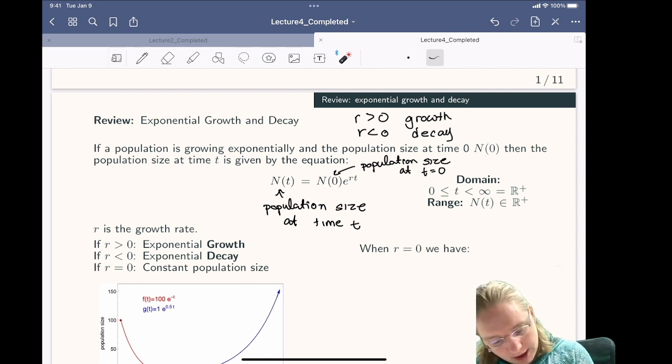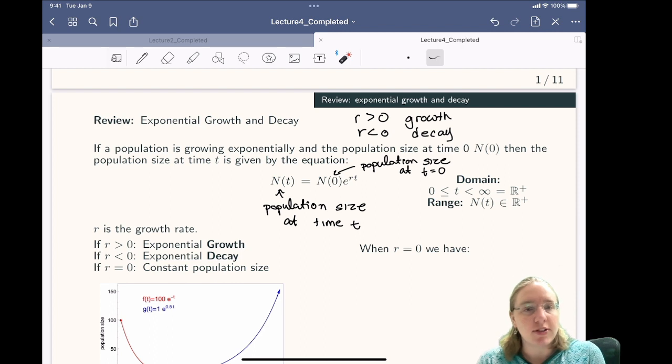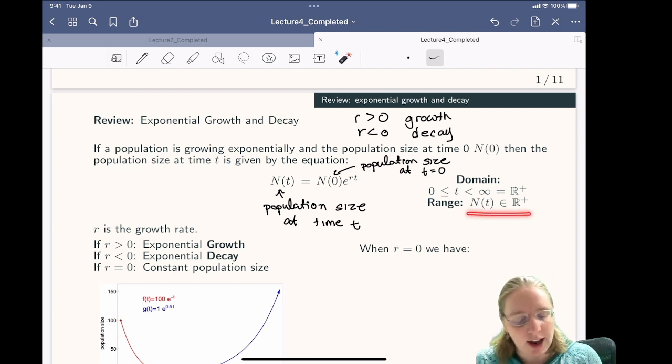So if we only have positive time, then our domain, the set of all values of that independent variable t, can only be positive. So we're going to only think about time increasing from 0. Similarly, it wouldn't make sense to have a negative population size, so our population size is going to have a range of the positive real numbers.